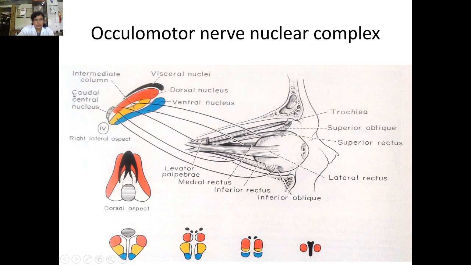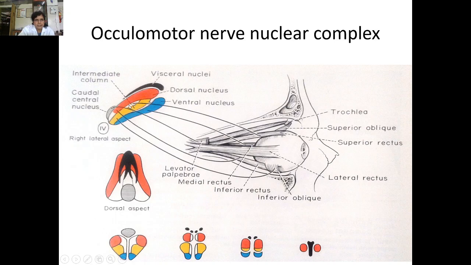Then caudally there is the caudal central nucleus, and this caudal central nucleus supplies the levator palpebrae superioris muscle. Then in between the dorsal and ventral nuclei there is the intermediate nucleus, and this intermediate nucleus supplies the inferior oblique muscle.